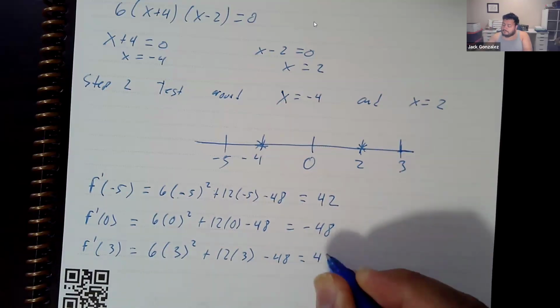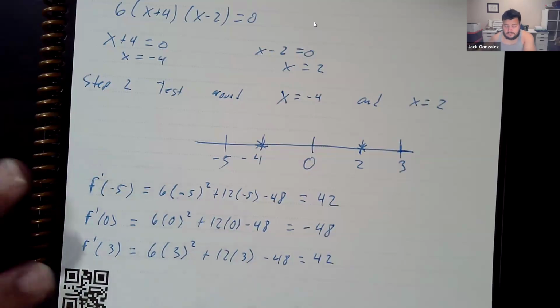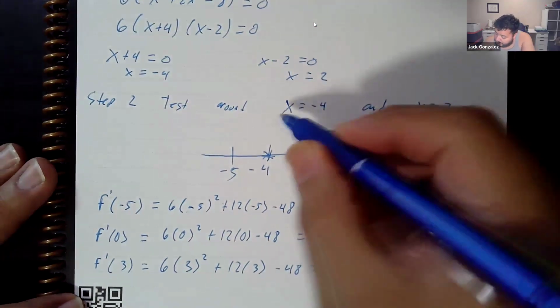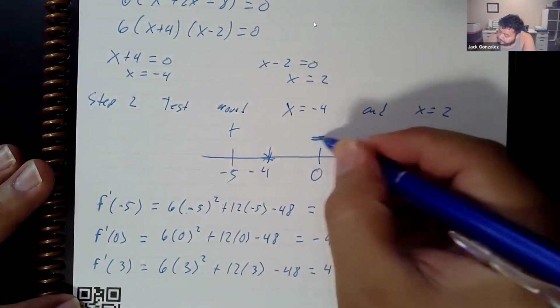Double check the other one. Cool. They're both 42. Well, the number doesn't matter, the sign does. So we're plus, minus, plus, right?